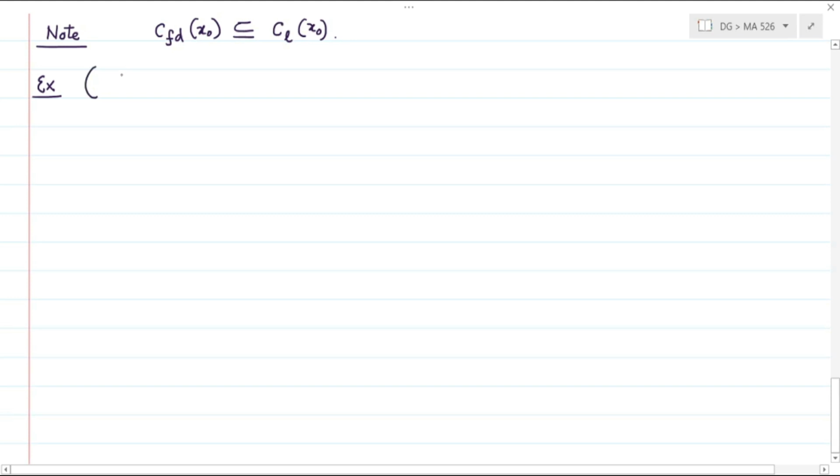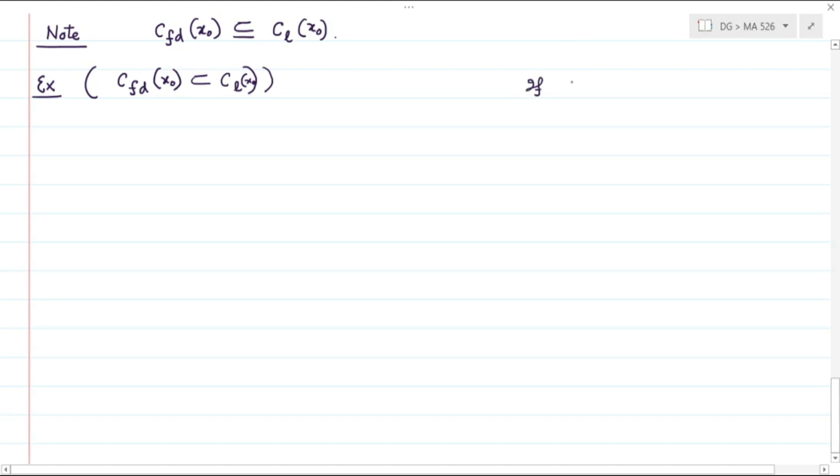We'll see that CFD at x naught is not equal to CL, and therefore I will consider an example where CFD is strictly a subset of CL at x naught.